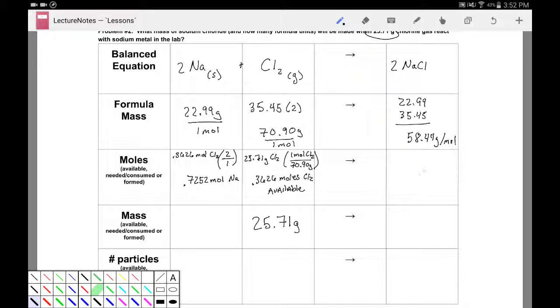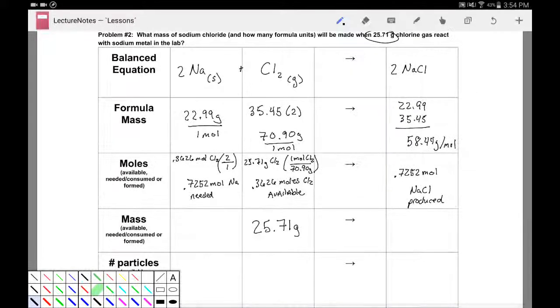In addition, we can go over to sodium chloride, and it's the same 2-to-1 ratio. So we're going to have 0.7252 moles of sodium chloride produced. For step 6, we're going to use the mole values we just calculated, as well as the formula masses from earlier, to find the mass of sodium needed for the reaction, as well as the mass of sodium chloride produced in this reaction.